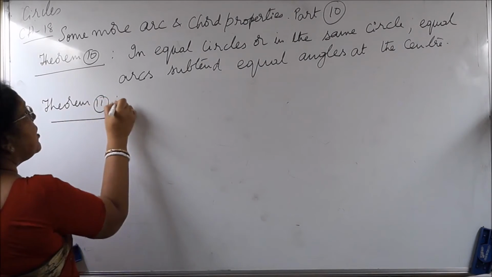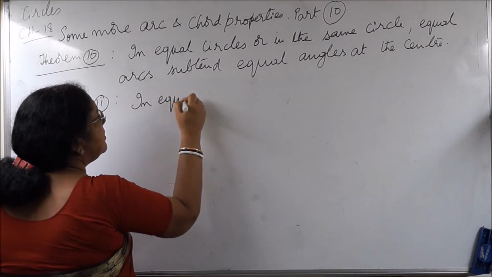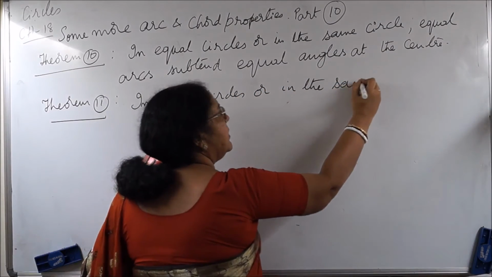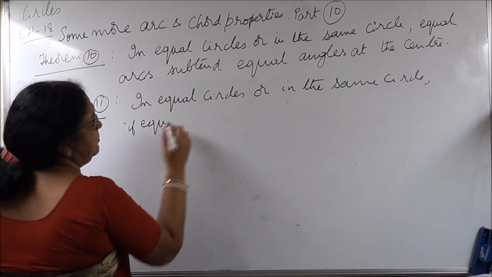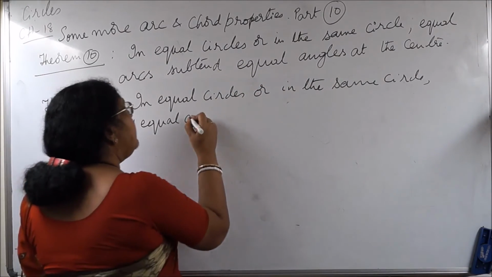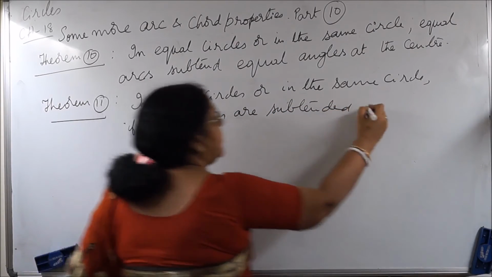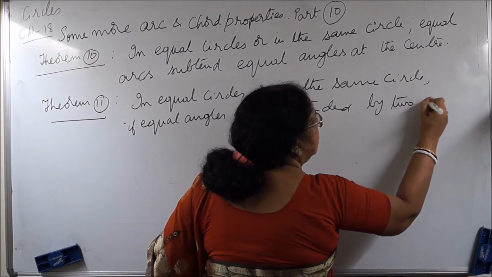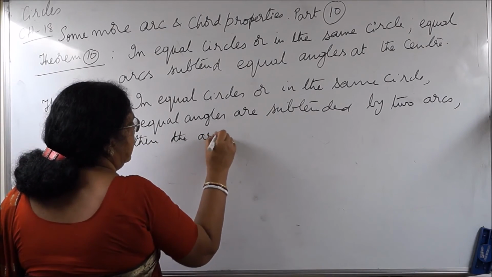So theorem 11, which is a converse of this theorem, says that in equal circles or in the same circle, if equal angles are subtended by two arcs, then the arcs are equal.